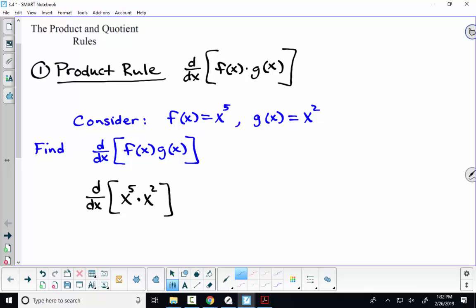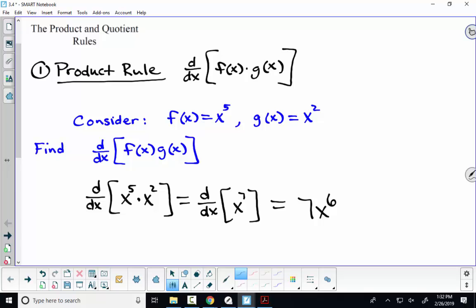This is a simple example to show us what we can't do. We know that's equivalent to, simplifying the function, finding the derivative of x to the 7th, which we know from the previous section is 7x to the 6th.